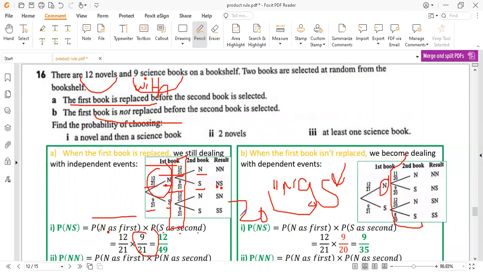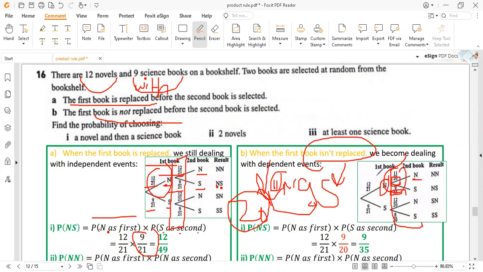These 20 books should be the denominator for our new sample space, the cardinal of the new sample space. So we divide by 20. We have 11 novels, so 11/20 is the probability of obtaining a novel when we obtained a novel first, because we mustn't replace the first book. So we cancel its existence.